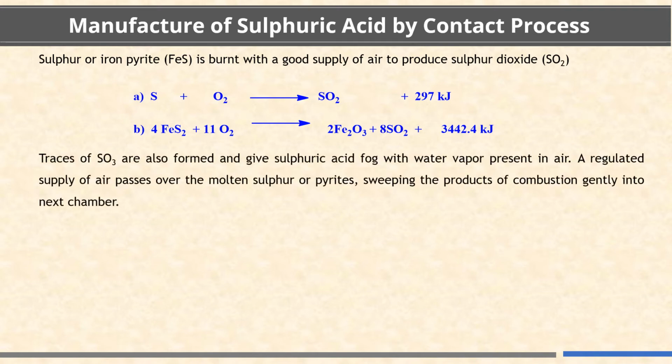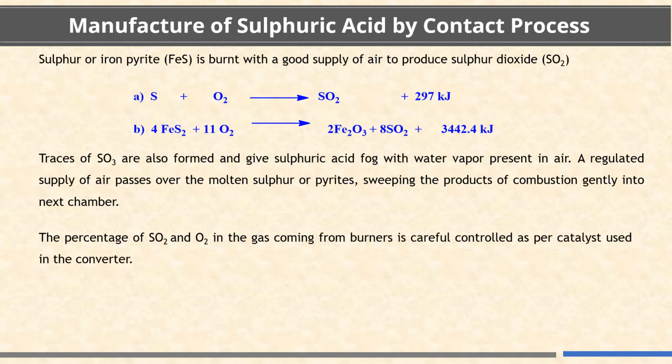The traces of SO3 are also formed and give sulfuric acid fog with water vapors present in air. A regulated supply of air passes over the molten sulfur or pyrites, sweeping the products of combustion gently into the next chamber.